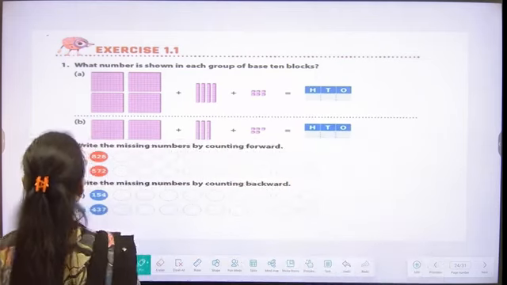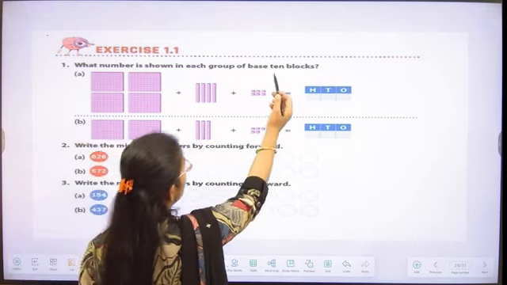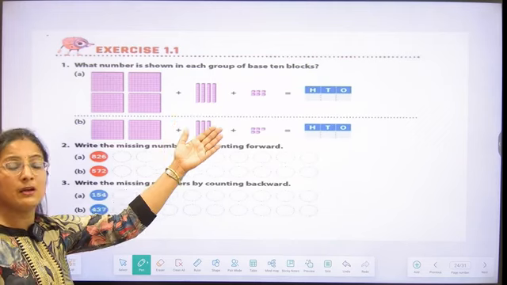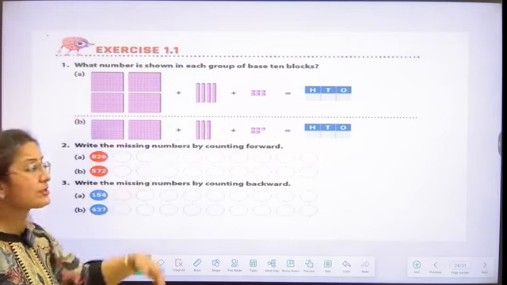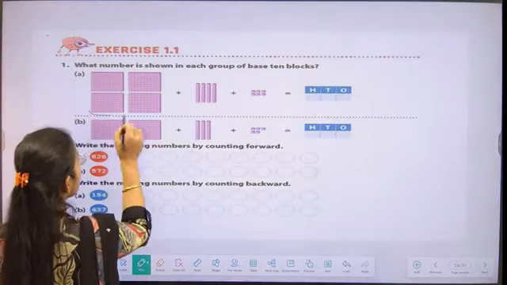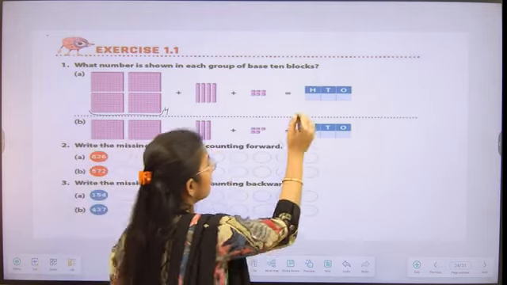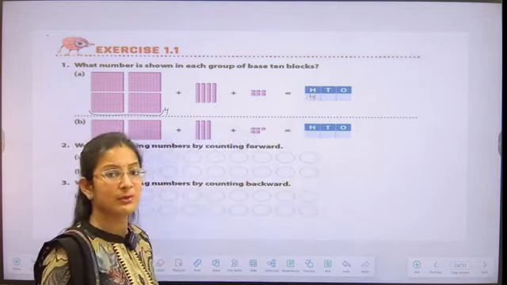Let's start with the first question. What number is shown in each group of base ten blocks? Now what we have to do is see what number is formed by counting the blocks, students. As you can see in the first one, we are having 4 hundreds blocks. So we have to write 4 just below the hundreds place value.